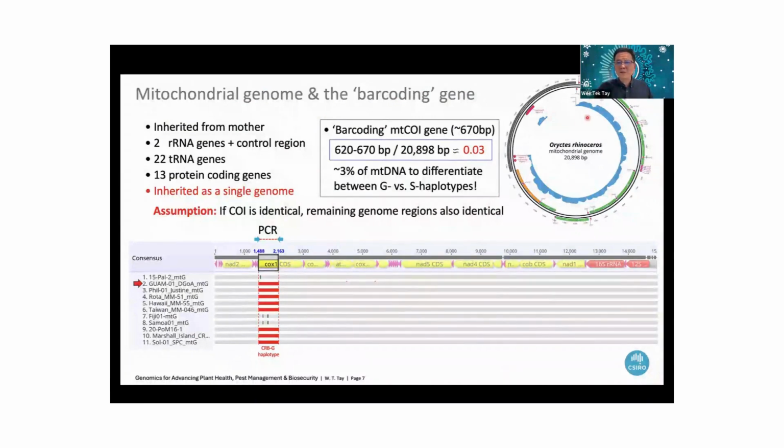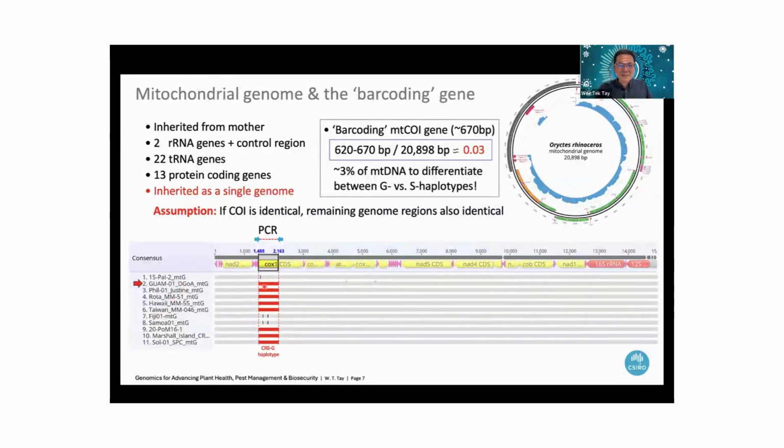So the CO1 partial gene is here, and that represents around 3% of the mitochondrial DNA genome. And we're using 3% of the genome to try to distinguish between the Guam and the susceptible haplotype. This is a real data set, just looking at representative individuals.